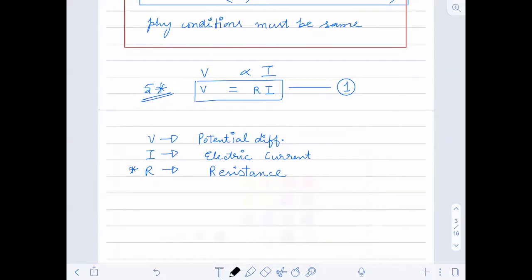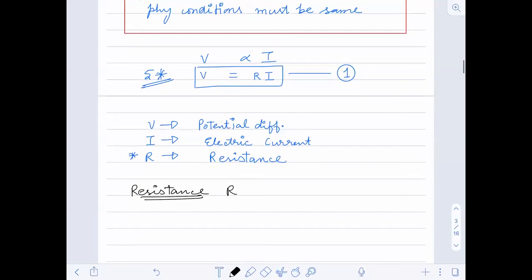First I'll write a few important points about this, and then we will try to understand in detail what resistance means. Actually this R is a proportionality constant. R is a constant.